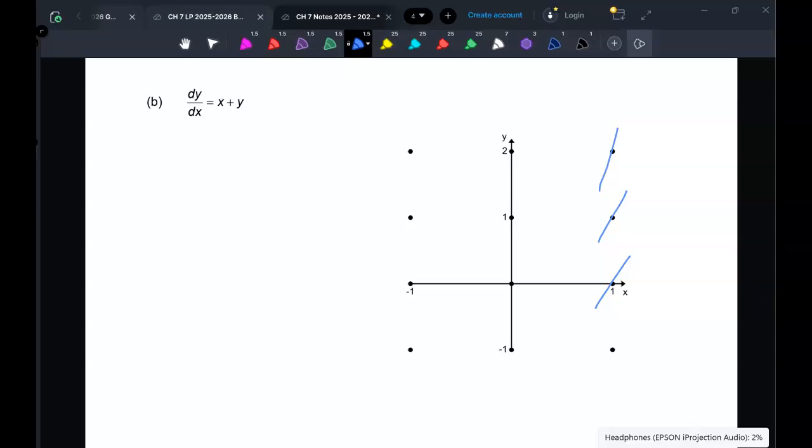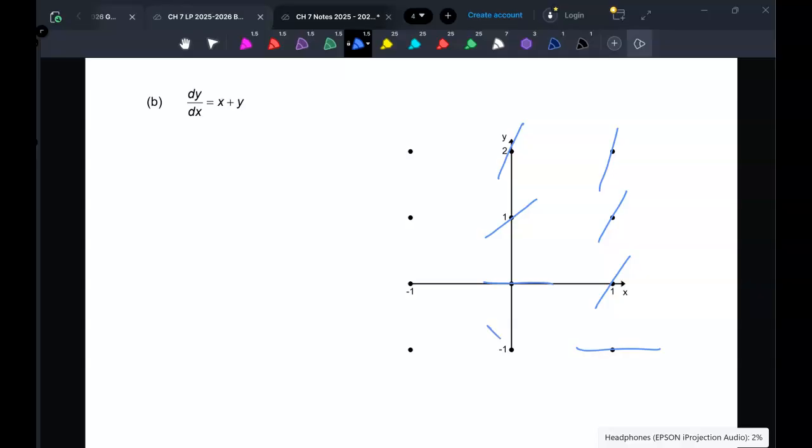Because we're adding, this is now x plus y. If I added negative 1 plus 1, that's going to be 0. Got it? Okay. 0, 2 is going to have a slope of 2. 0, 1. 0, 0 is going to be 0.